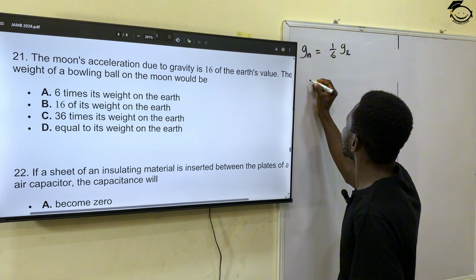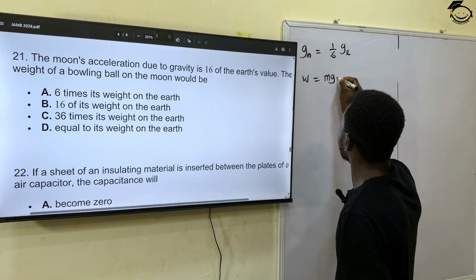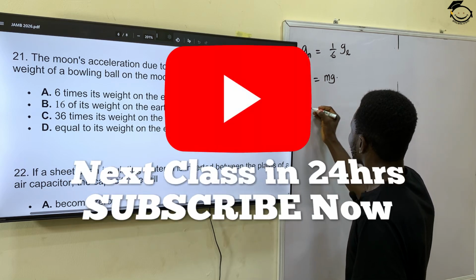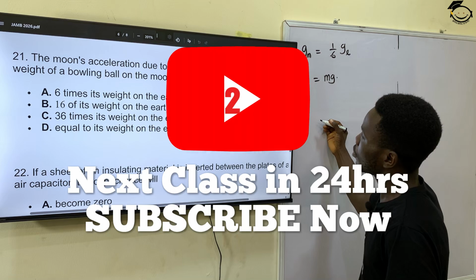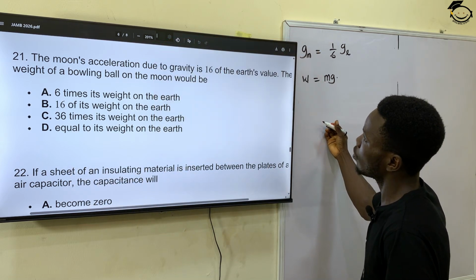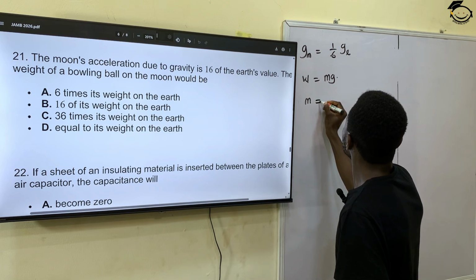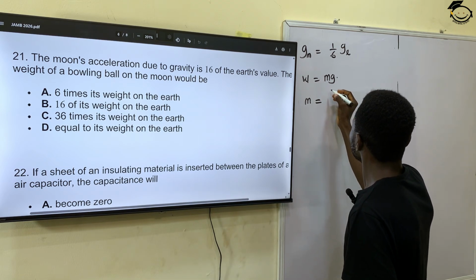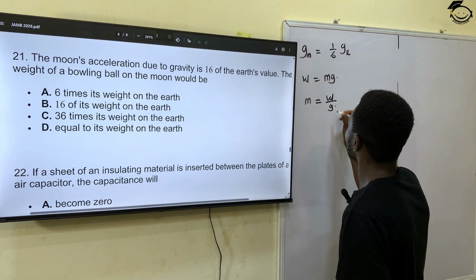So we know that weight is mass times acceleration due to gravity. So this means that since the mass of the object is constant, because mass is constant irrespective of location, the mass is equal to the weight over the acceleration due to gravity.